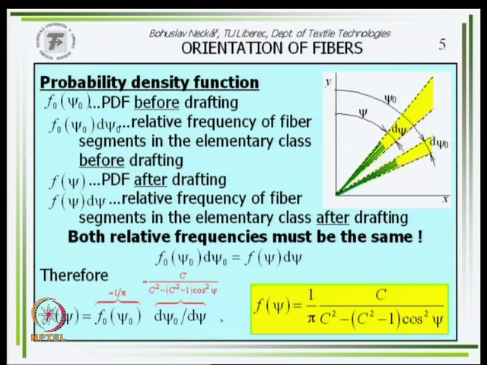So we can imagine such an elemental class, and the relative frequency of such a class is probability density function times differential quantity. Yeah, we will use this logical moment more times in our lecture. Well.